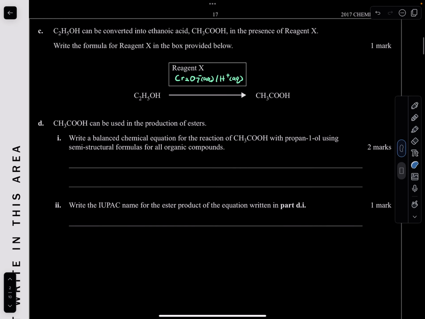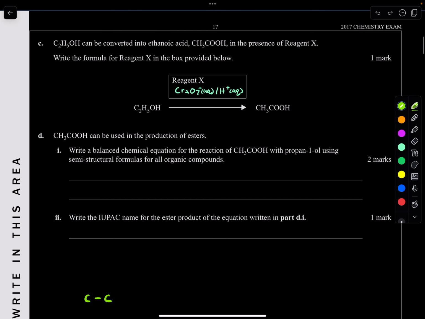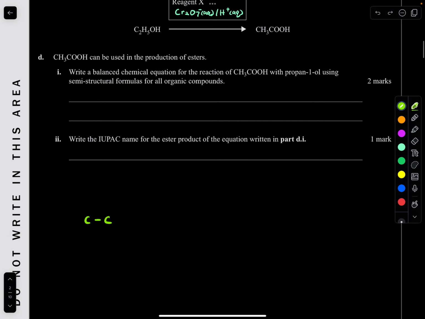Looks good. So ethanol can be used in the production of esters. Write a balanced chemical equation for the reaction of ethanol and propan-1-ol using semi-structural formulas for all organic compounds. Okay, let's write this reaction. Sorry, ethanoic acid, what am I doing? If I'm reacting ethanoic acid with propan-1-ol, we are going to get an ester.